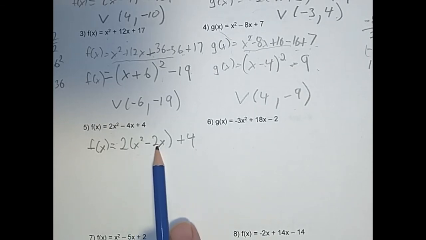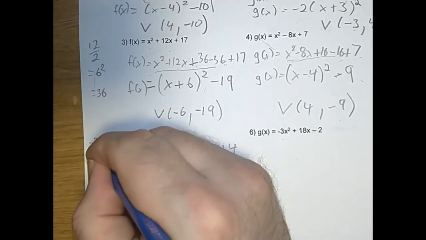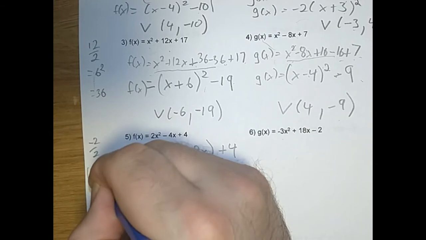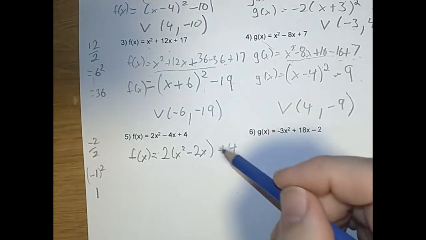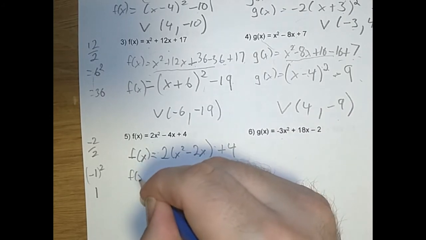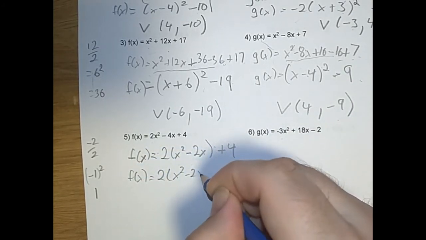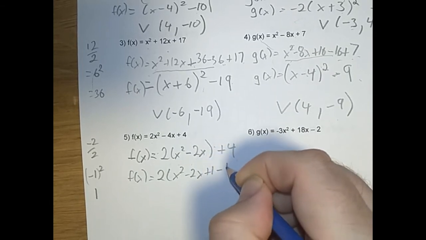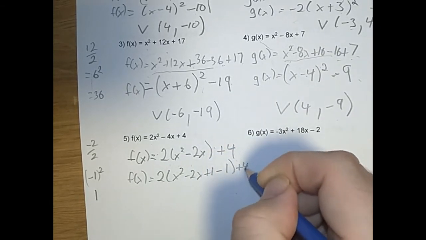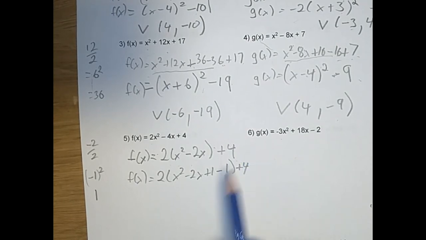Now you take the negative 2 on the side here, divide it by 2 and you get negative 1. Then square it, you get 1. So you're going to add and subtract 1 in here. Plus 1 minus 1 plus 4. Now, the negative 1 always comes out.